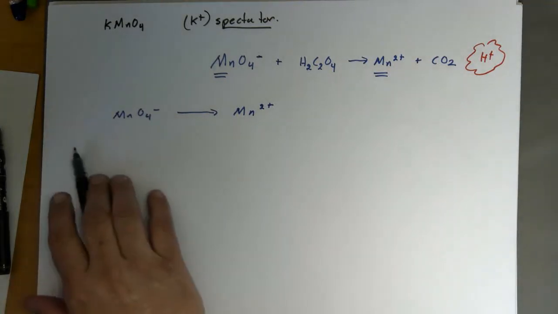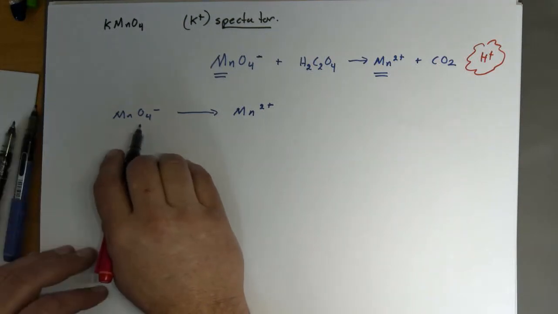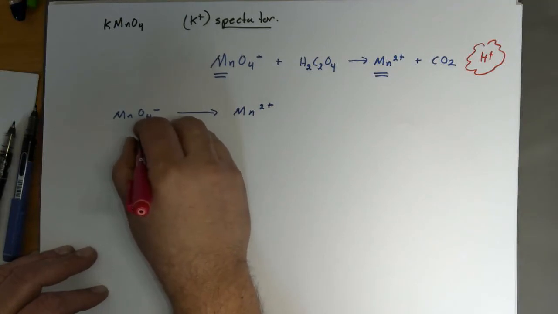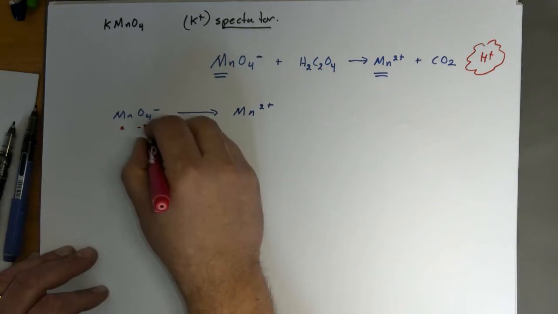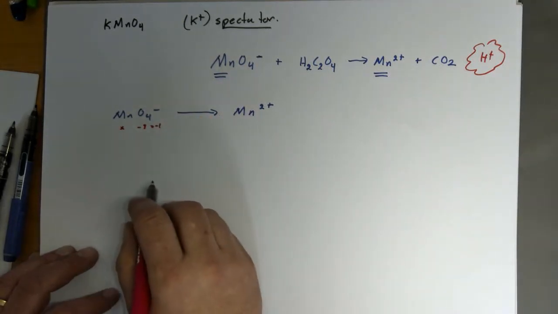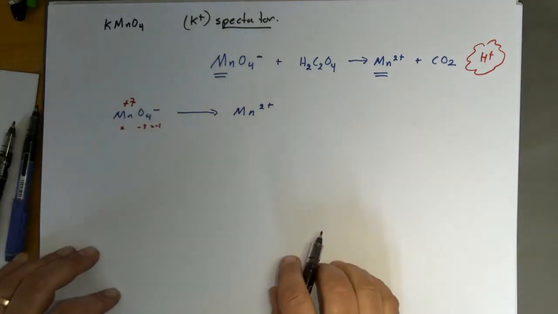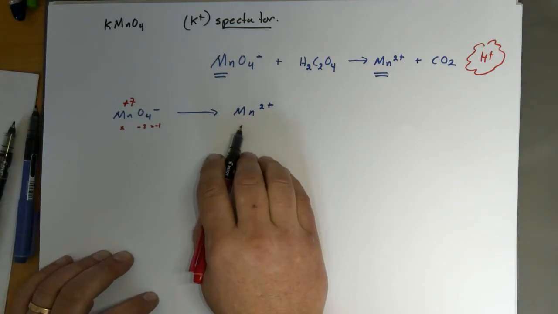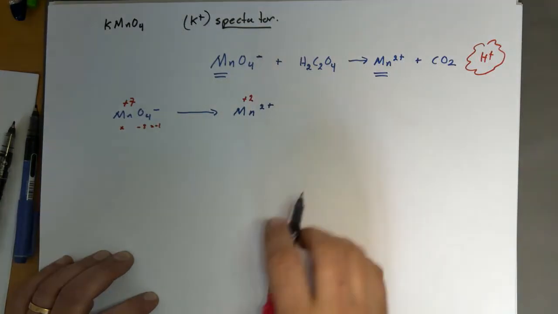And in order to figure that out, we have to go in and look at this as we did earlier and recognize that this is going to be minus 8. X minus 8 is equal to minus 1. So the oxidation number on manganese is plus 7. And the oxidation number on the manganese ion here is plus 2.